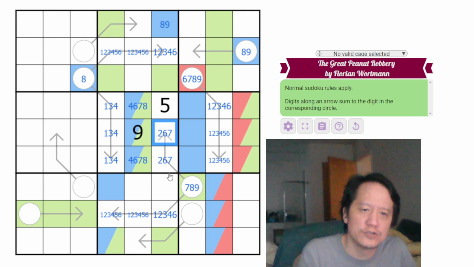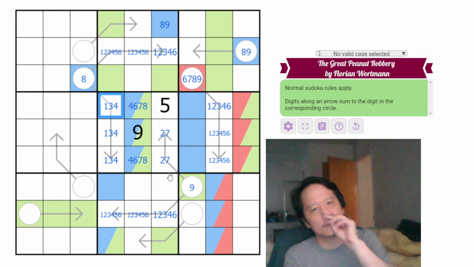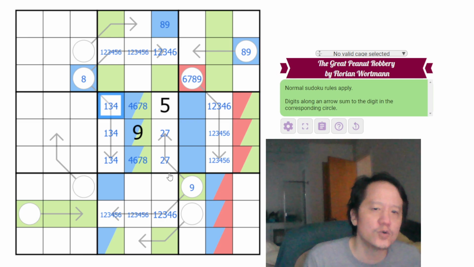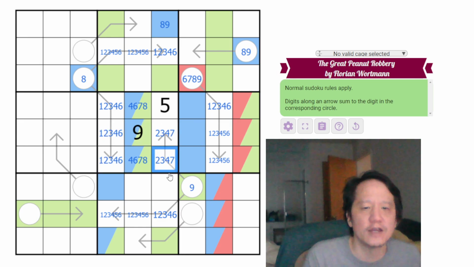So we know this is 2 with 6 or 7, but it can't be 8. So this has to be 2 and 7. Say it's not. If we have 1, 2, and 6, oh, it could be 3 and 4. Really. So it could be 3 and 4.